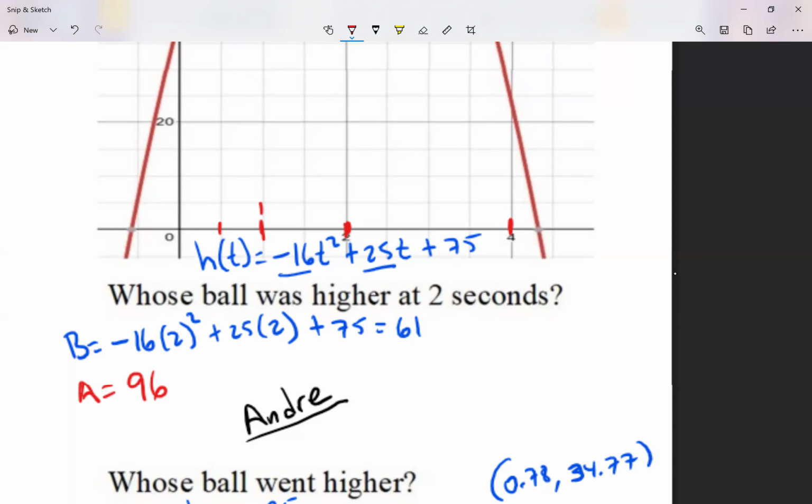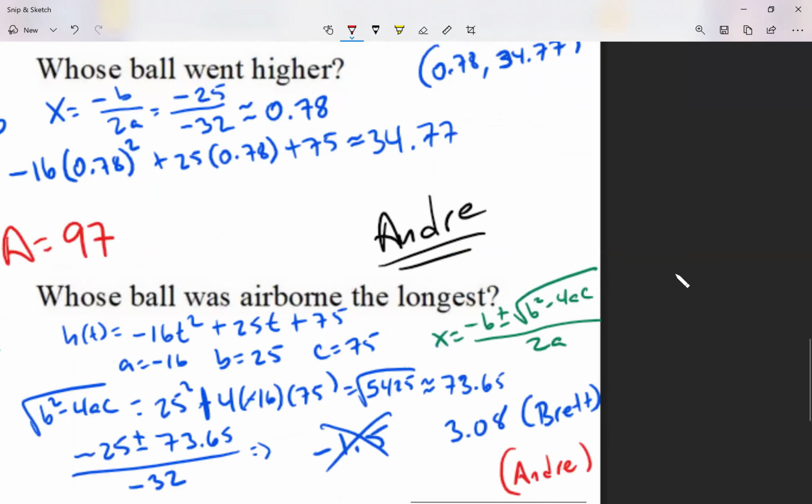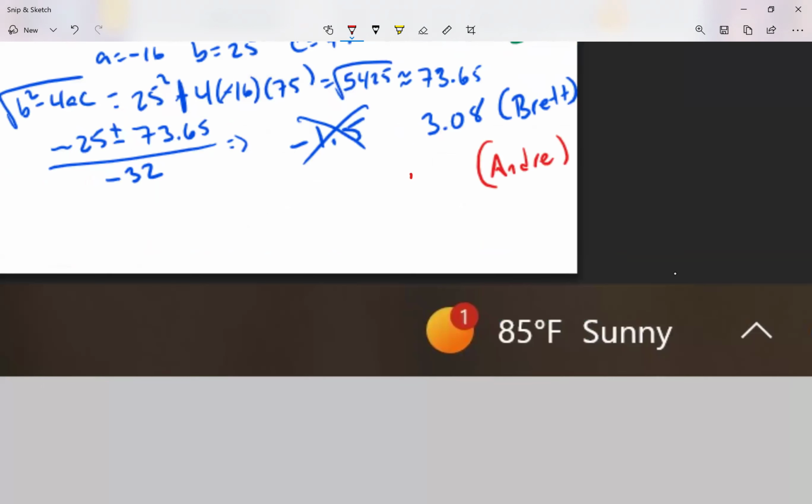The value right in between 0 and 1 is 0.5. So each square is 0.5. So that means this space right here is 4.5. So it's more than 4, less than 4.5. So I'm going to say about 4.3. So Andre was up in the air for 4.3 seconds.